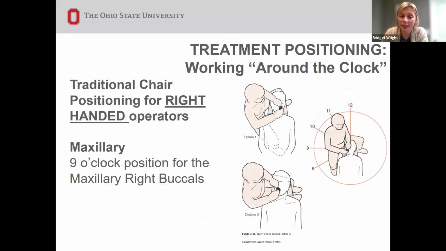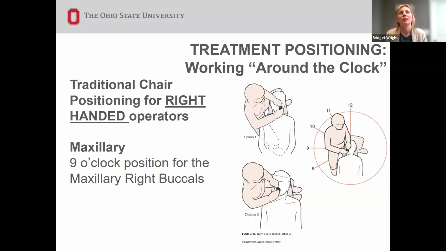So for right-handed operators, when you're working on the maxillary arch, your first seating position to work on those right buccals is going to be at the 9 o'clock position. That is option number 2 down here in this depiction at the bottom. You can see that the provider's legs are going directly underneath the patient's head and having the patient look towards them, and then they're going to be working on the maxillary buccal.